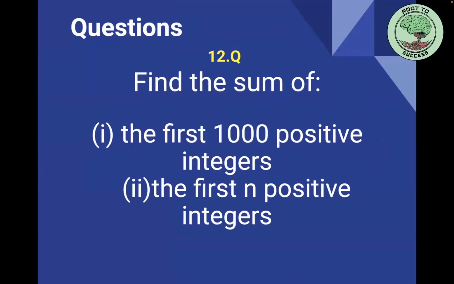So now let's find the sum of the first 1000 positive integers and the first n positive integers. Let's begin with the first one, that is the first 1000 positive integers.